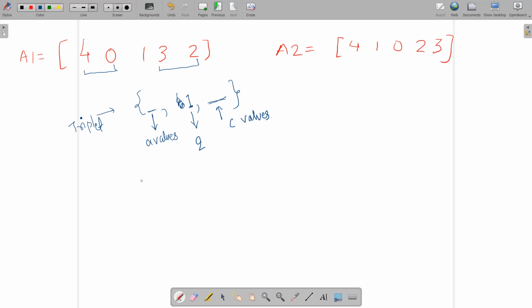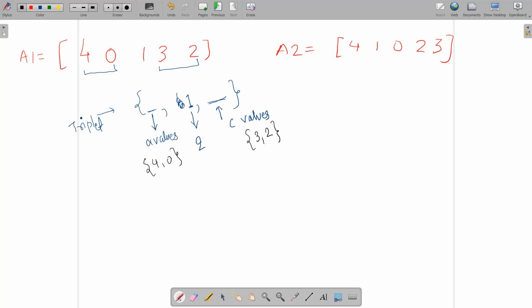Let's consider the A values and C values. The A values are 4 and 0, and the C values are 3 and 2.